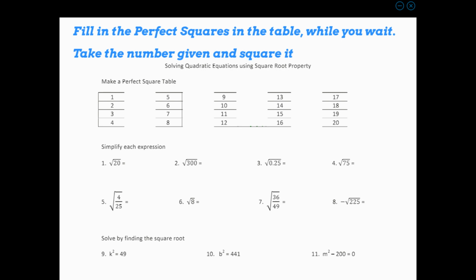So the top section that I'm asking you to fill out is asking you for the perfect square. So you're taking the numbers that they give you and you're squaring them to get the number to go into the blank. So 1 squared would be what? 1. 2 squared would be what? 4. 3 squared? 9. 4 squared? 16. So you should have those numbers in that first column. Okay. So finish working out the chart.